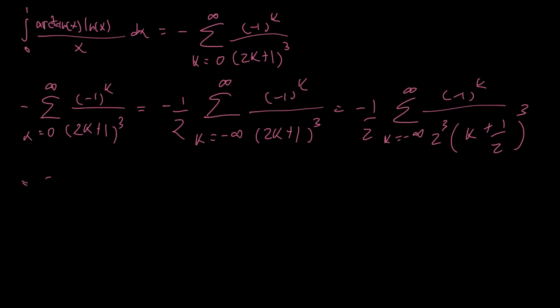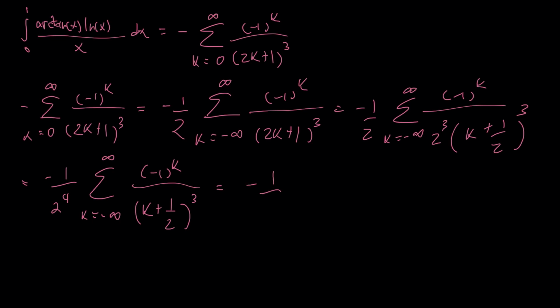So we're going to have a minus 1 over 2 to the 4th, the sum from minus infinity to infinity of (-1)^k divided by (k+1/2)^3. So we have a minus 1 over 16 sum from minus infinity to infinity of (-1)^k divided by (k+1/2)^3.